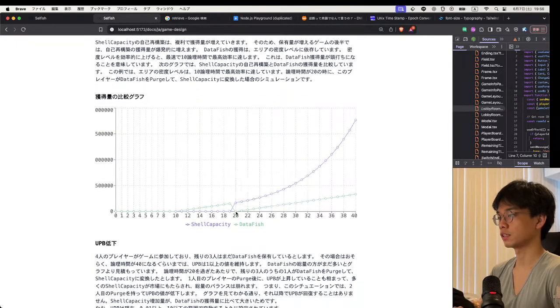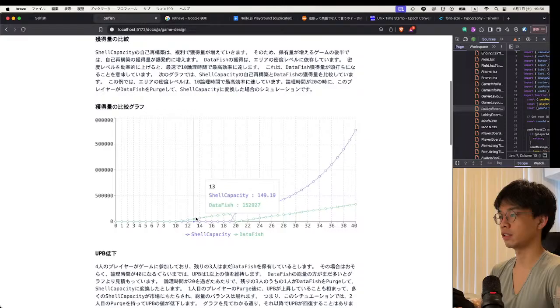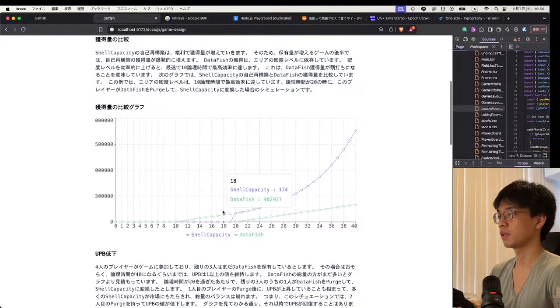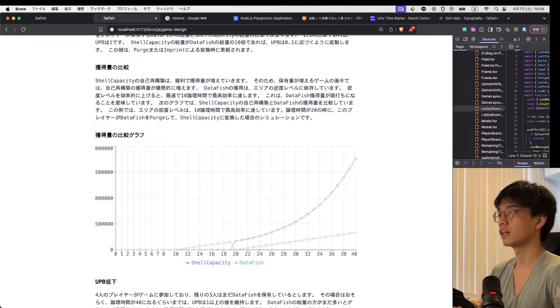The data fish is still going up by max efficiency. The efficiency to acquire data fish is dependent on the area, the density level of the area.